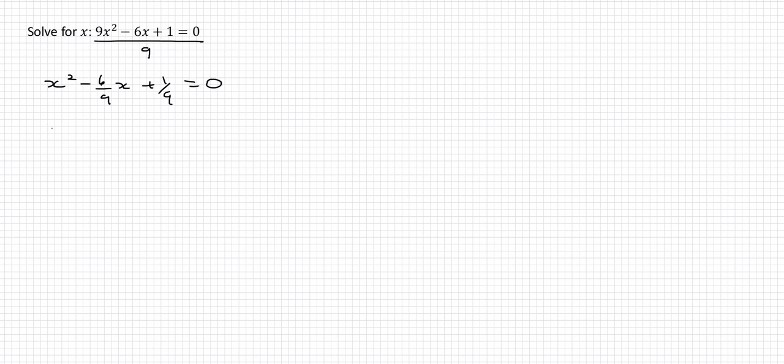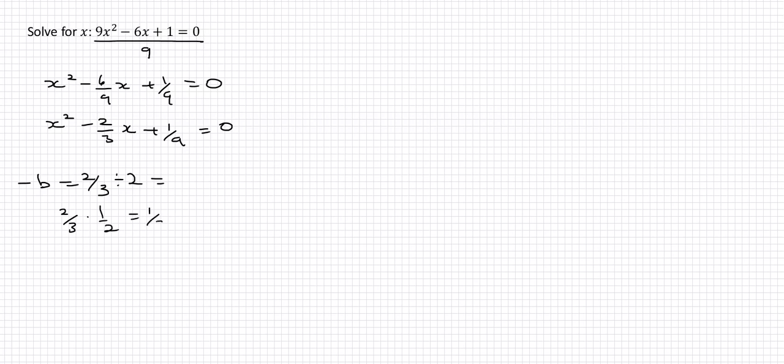Which is the same as x squared minus 2 over 3x plus 1 over 9 equal to 0. So our negative b is now equal to 2 over 3. We divide this by 2. So we have 2 over 3 multiplied by 1 over 2, which is 1 over 3.